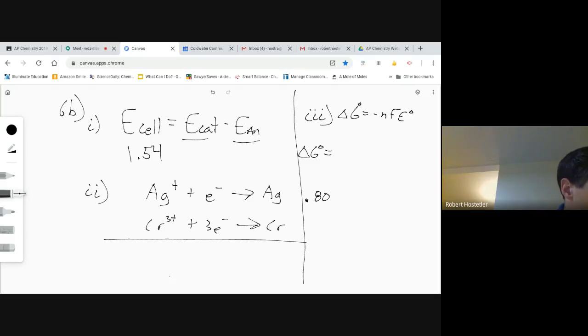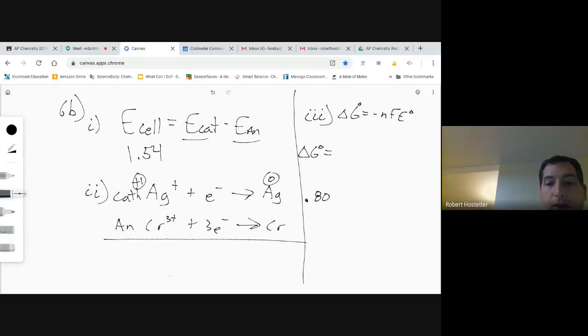So let's see. Galvanic cell. So it says the Ag plus ions are reduced. So here in the half reaction, it goes from +1 to 0. So if it's reduced, then this is the cathode, and this is the anode.